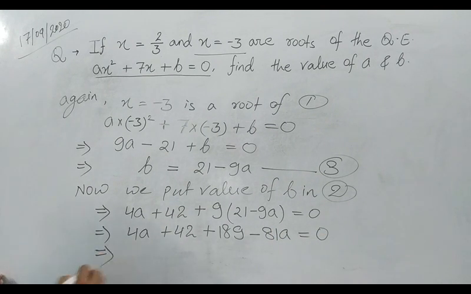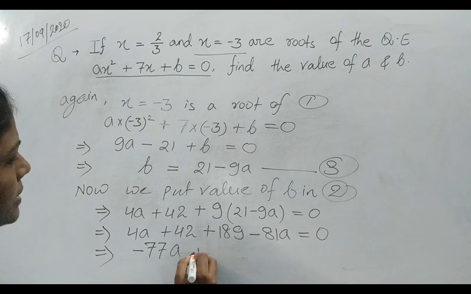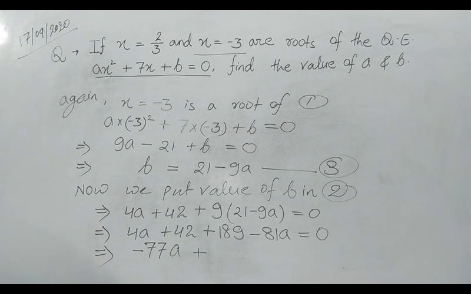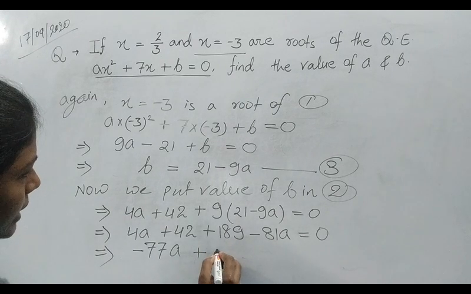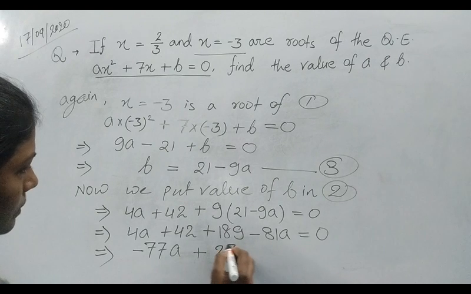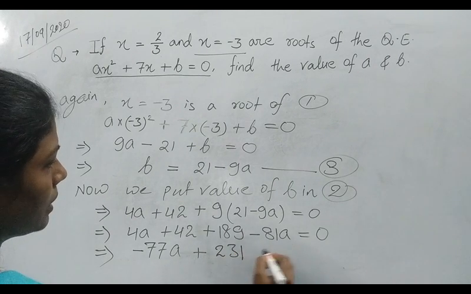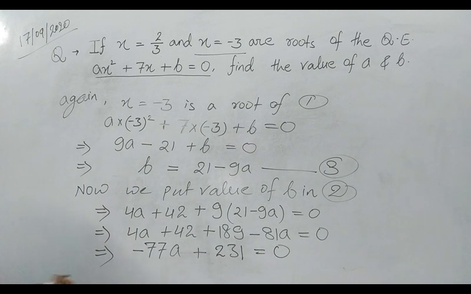So after simplification we get 4a minus 81a, what we get, minus 77a, plus 189 plus 42. 189 plus 42 we get 231 is equal to 0.